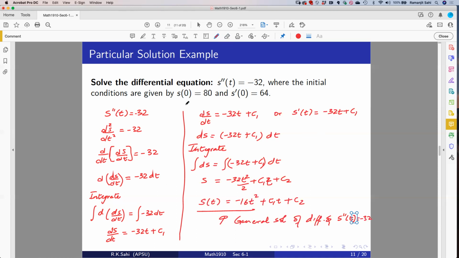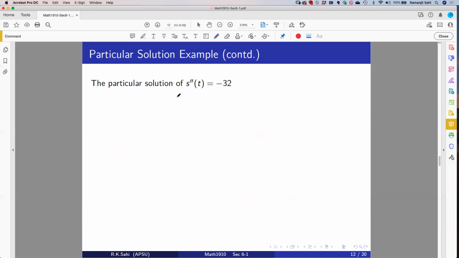Remember, we are given initial conditions, so we want to find the particular solution. In other words, these two initial conditions will help us get c1 and c2. Okay, so let's do that.